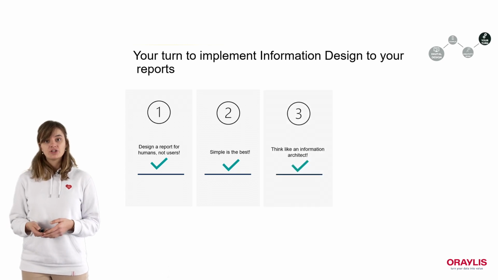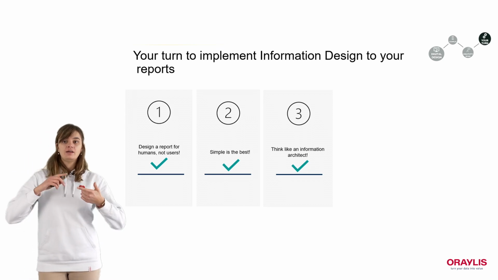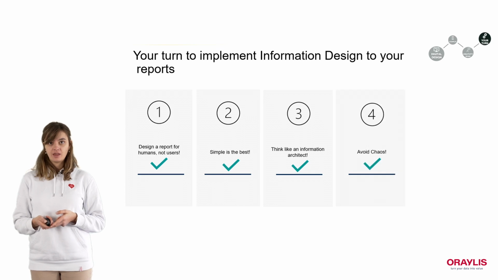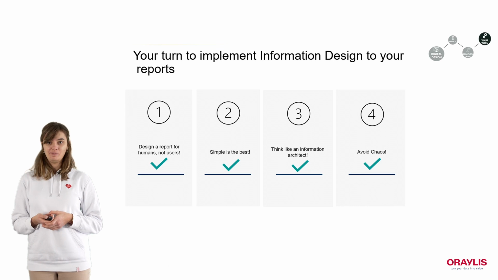Third, shift your mindset and think like an information architect. And remember the information seeking mantra: overview layer, detail layer, and zoom layer. Fourth, help yourself with little helpers, like the Power BI theme.